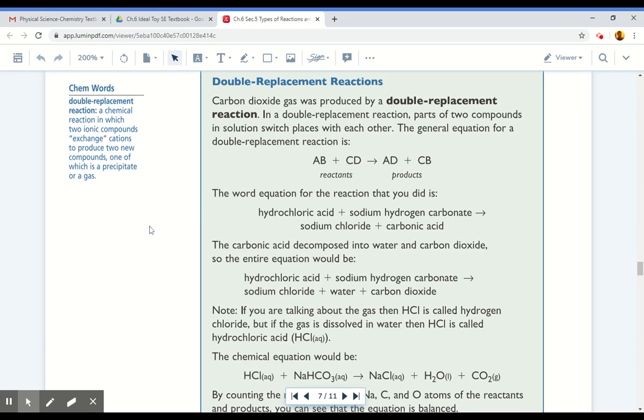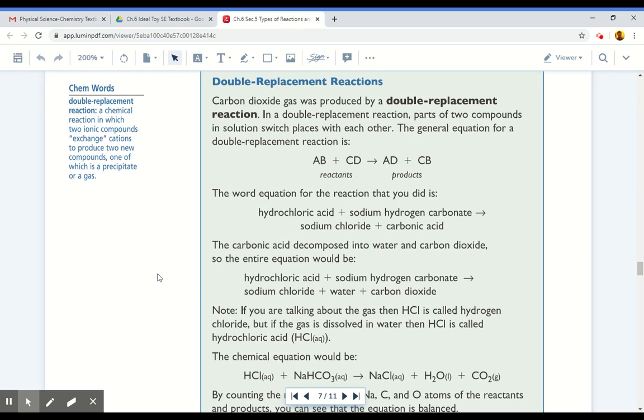The word equation for the reaction that you did is hydrochloric acid plus sodium hydrogen carbonate produces sodium chloride plus carbonic acid.